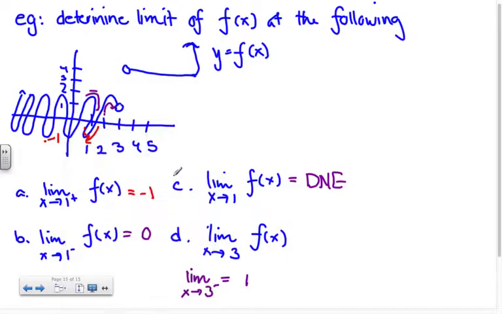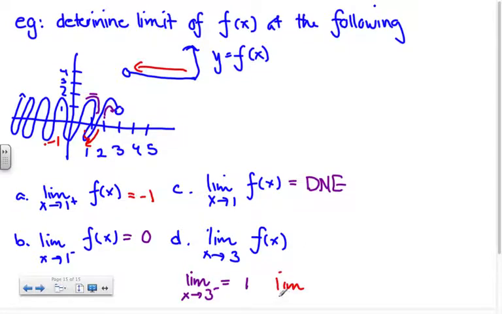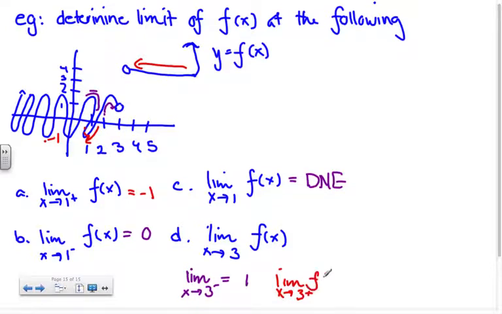And then from the right, which is coming this way, it's approaching 4. So again, I can see that in this situation, the limit does not exist because these two are not exactly the same. That's the idea behind limits not existing. They have to be exactly the same.